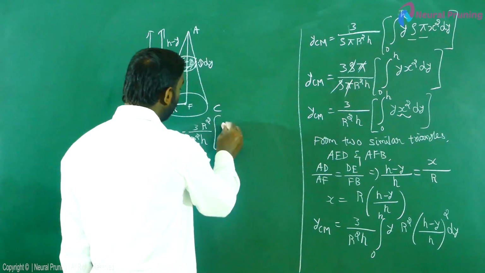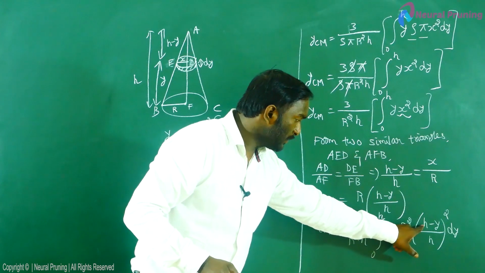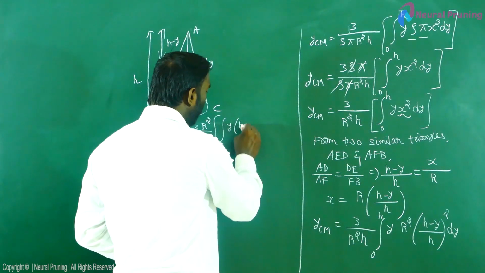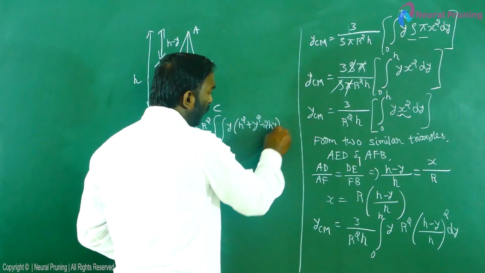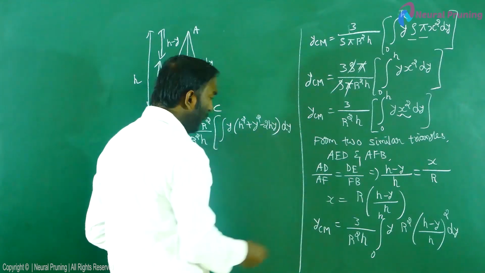Integration of Y into, look at this, H minus Y whole square means A minus B whole square. A square plus B square minus 2HY into dy by H square.